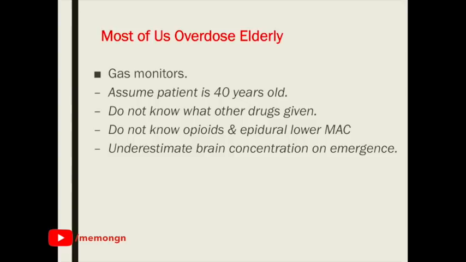So one MAC we can use on a young patient, but we have to titrate in the old people. The machine does not know what opioid or epidurals you have used to lower the MAC. So we should take care of this issue.